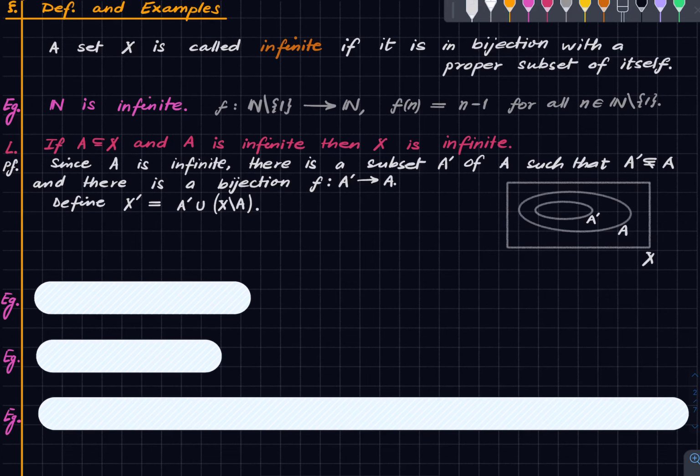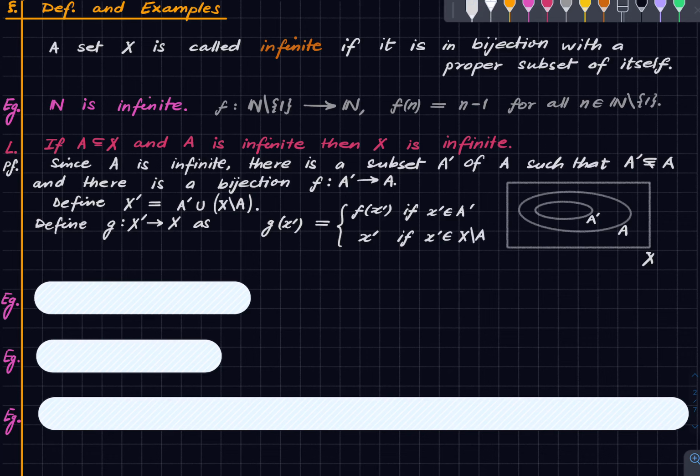So define a function g from X prime to X as follows. g of x is equal to f of x if x is in A prime, and equal to x if x is in this other part.